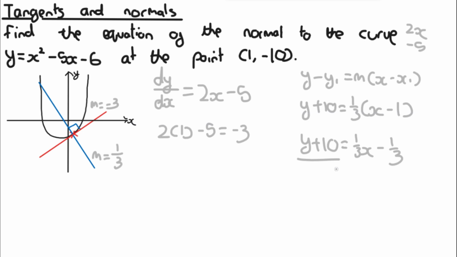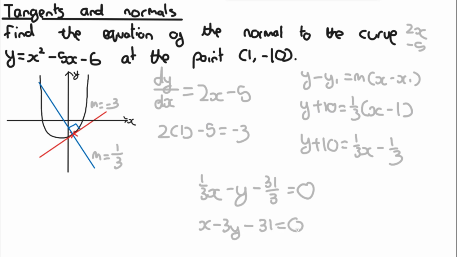And then bring this onto the other side to do 1 over 3x minus y, and then it's going to be minus 31 over 3 is equal to 0. And then we like the equation of a straight line to have integer coefficients, so times everything by 3 to get x minus 3y minus 31 is equal to 0. And that's the final answer.